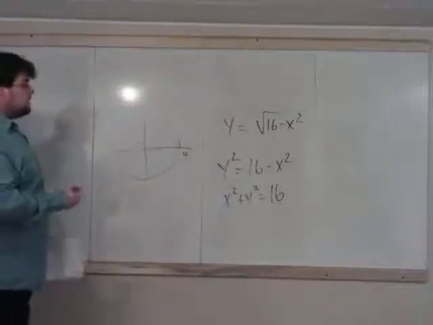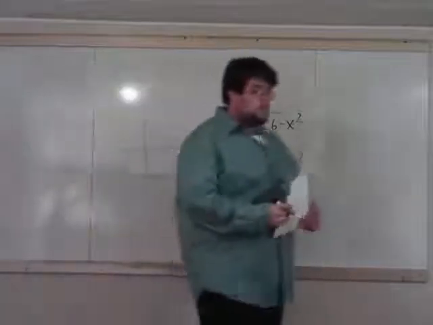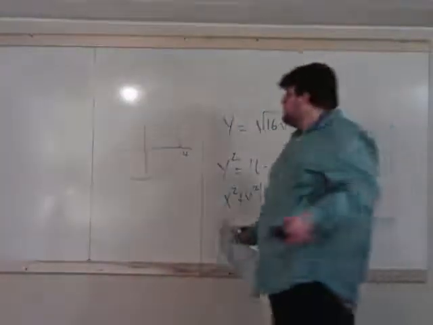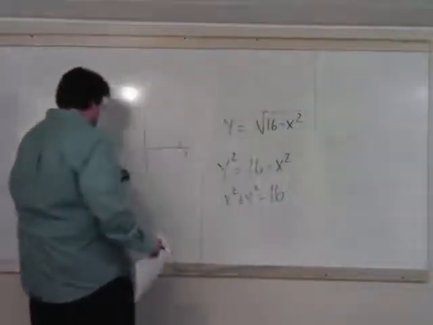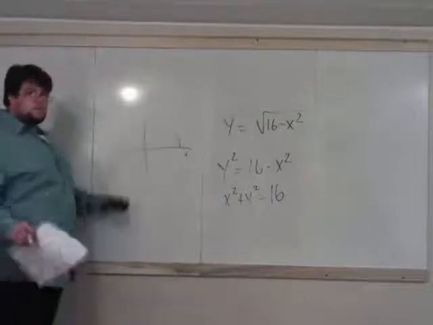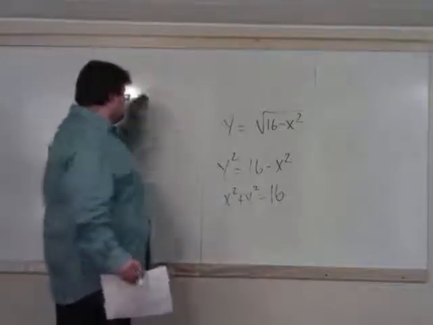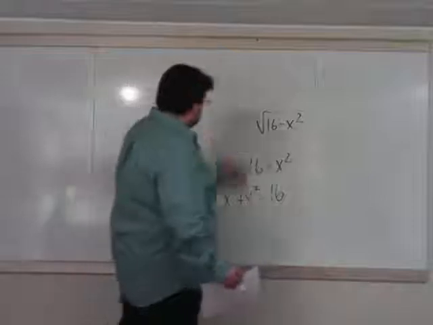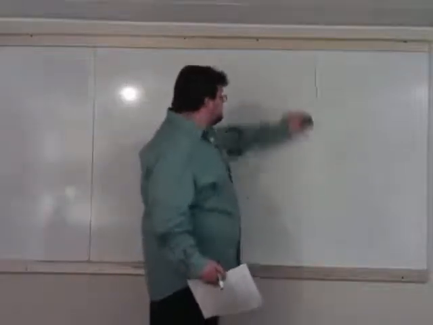Radius 4. Positive square root means the top half only, so it is a semicircle centered at the origin, radius 4. As a side comment.